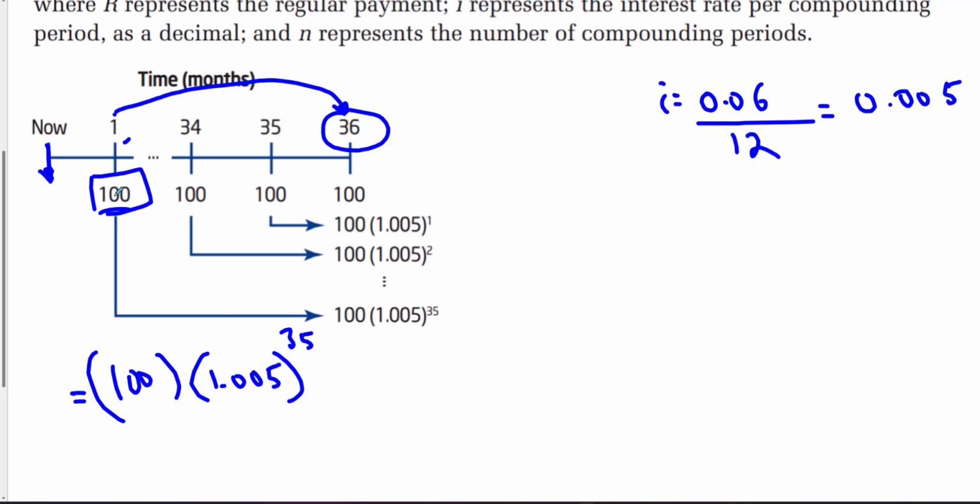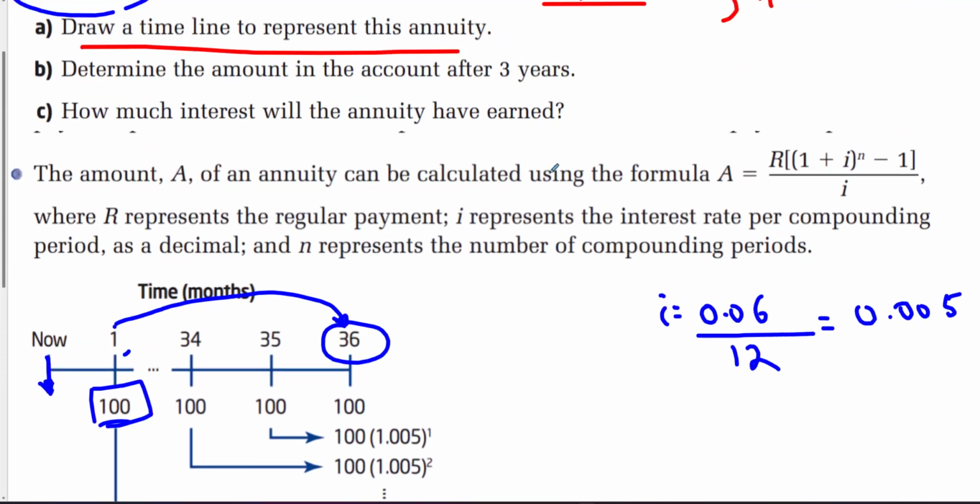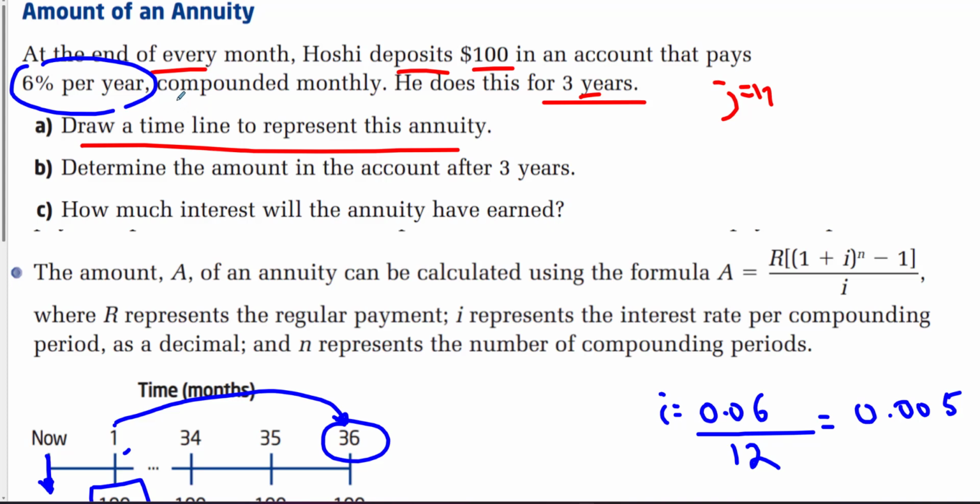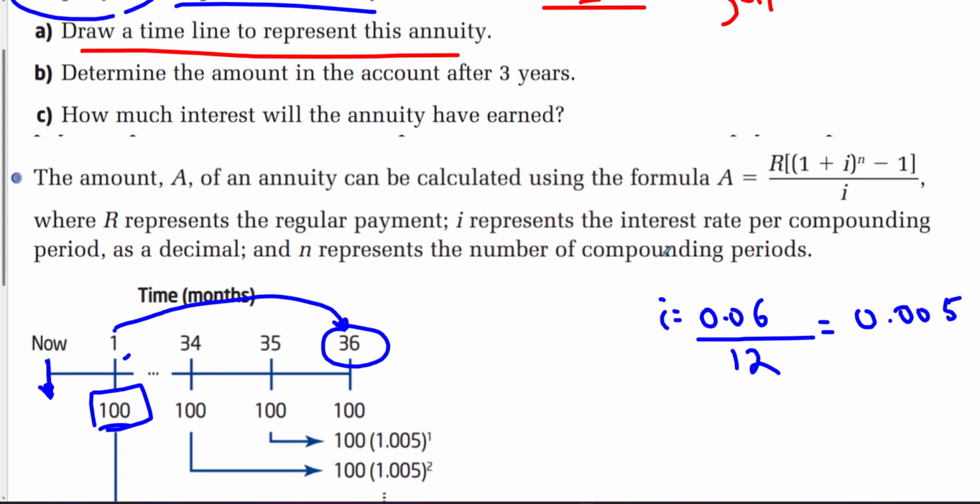So that $100 that I deposit right now, let's say today, in 3 years' time, it's going to accumulate 35 months of interest. Because remember, this is compounded monthly. So every month, you're going to get a little bit of money.